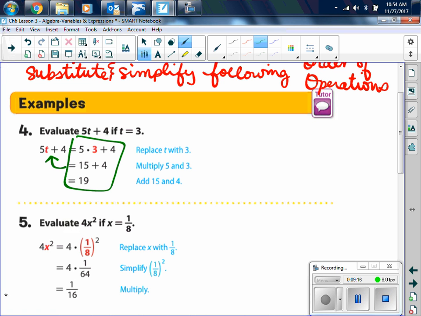So we substitute a 3 for t, and we end up with 5 times 3 plus 4, and then we use our order of operations. We do the multiplication first, 5 times 3, and we get 15. Then we add 4, and we end up with 19. Is everybody clear? All right, very good.